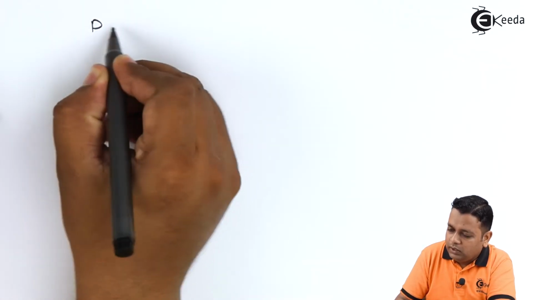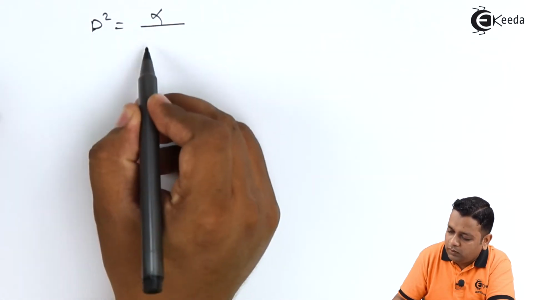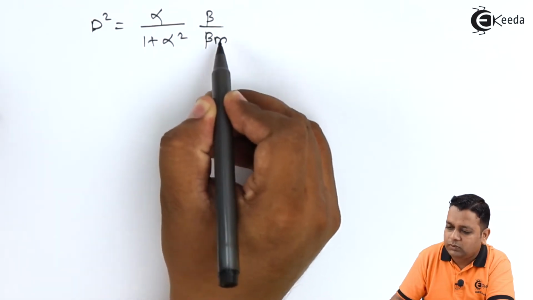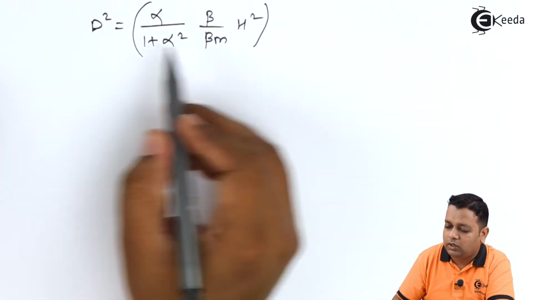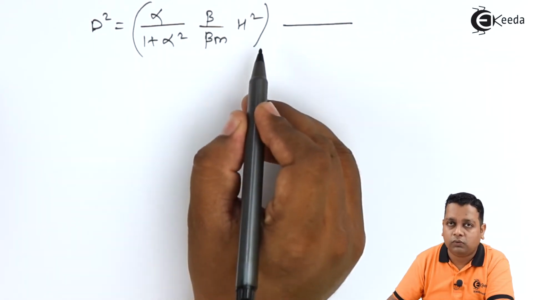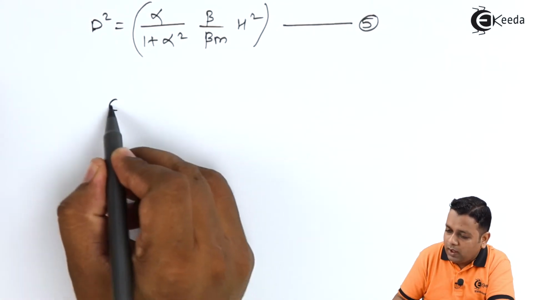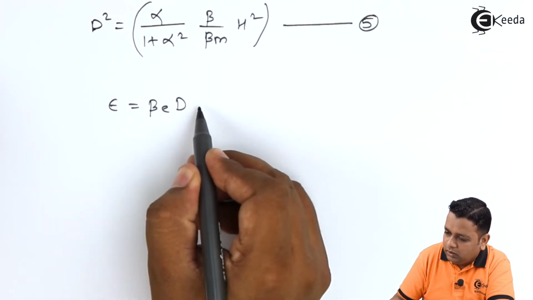In this equation, we have represented capital D square. Capital D square will be given, in place of alpha divided by 1 plus alpha square, by a ratio of beta to beta suffix m into h square. So this much we have accommodated in place of D square. This replacement we also give as equation number 5, along with epsilon equal to beta suffix e into capital D into del.